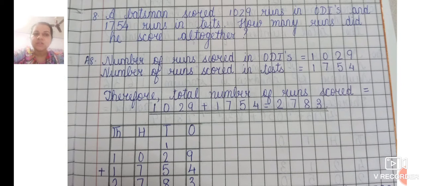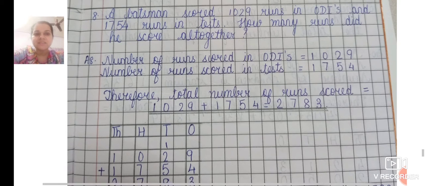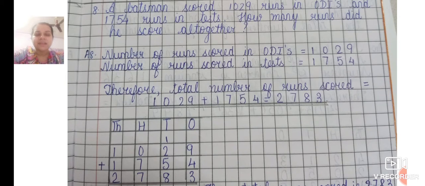So we will find the total number of runs scored by a batsman. So how will you write the answer? You will write number of runs scored in ODIs. One day international, it is the short form. ODIs is equal to 1029.